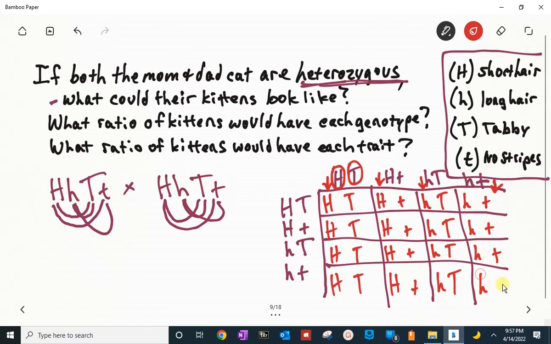And now for Mom, on this first row, she's going to donate her capital H and capital T to everything. On this row of possibilities, she's going to donate a capital H and a lowercase t.